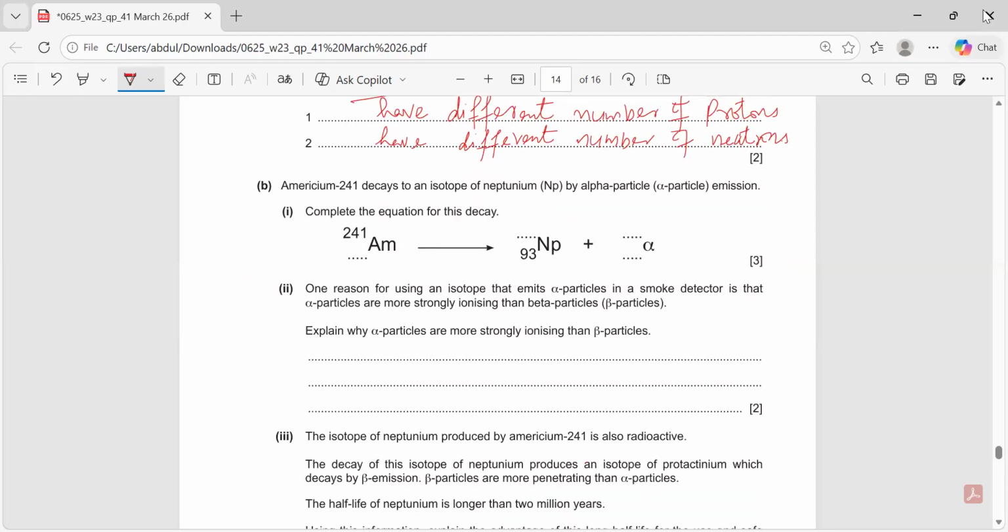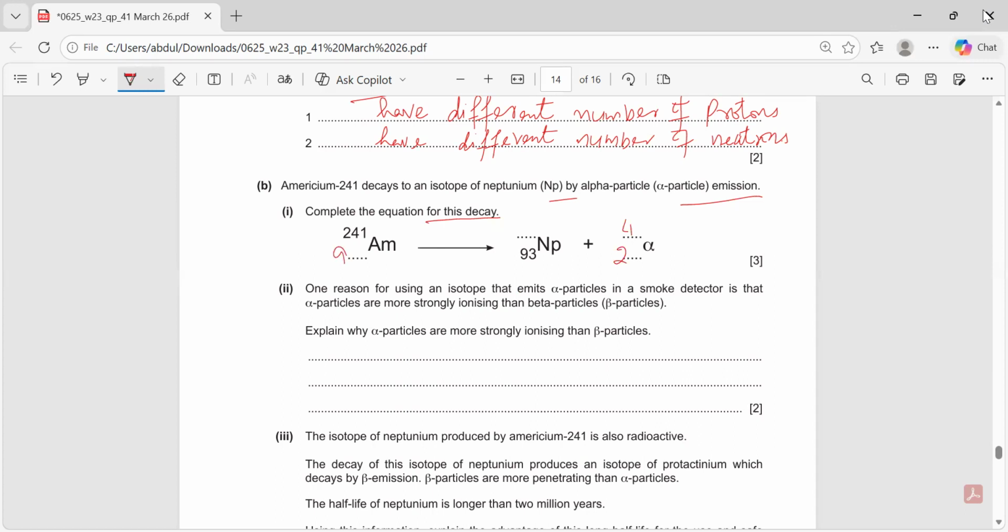Now come to the next, that is the formula question. We have already practiced a lot. Americium-241 decays to an isotope of neptunium, Np, by alpha particle emission. Complete the equation for this decay. First of all, we can easily complete the alpha particle, 2 alpha 4. Now 93 plus 2.